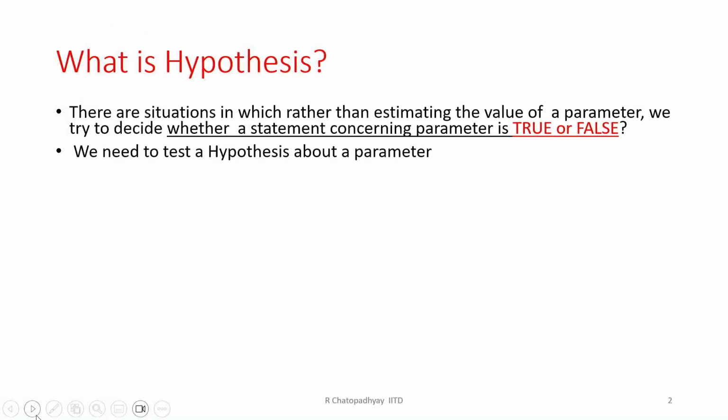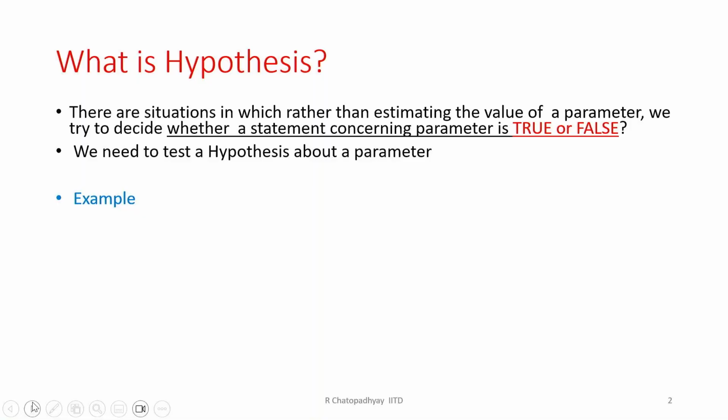That is, our main concern is not about the value, but whether a statement that we make about a parameter is correct or wrong. This kind of situation arises. That means basically we need to test a hypothesis about a parameter. A statement that we make about a parameter is known as hypothesis. And whether that hypothesis is correct or wrong, we can also say whether it's true or false. That's what we want to test.